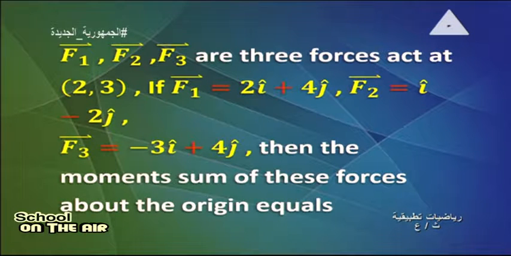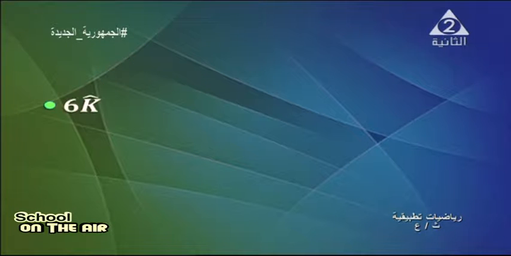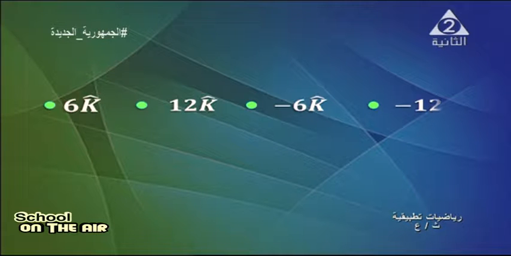F1 equals 2I plus 4J, F2 equals I minus 2J, F3 equals negative 3I plus 4J. Then the sum of the moments of these forces about the origin equals: 6k, 12k, negative 6k, or negative 12k.